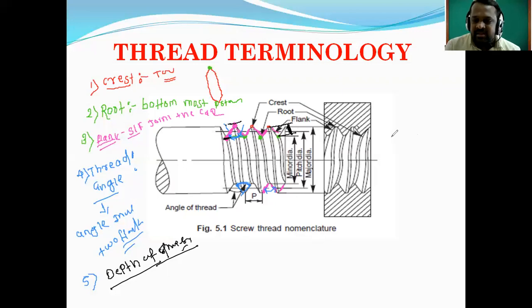Now see, suppose the thread is like this. This is the crest and this is the root, and whatever distance is between that crest and root is called the depth of thread. So understood?